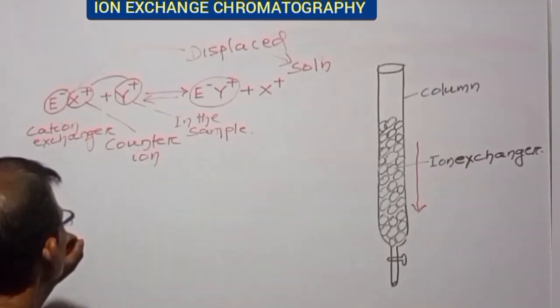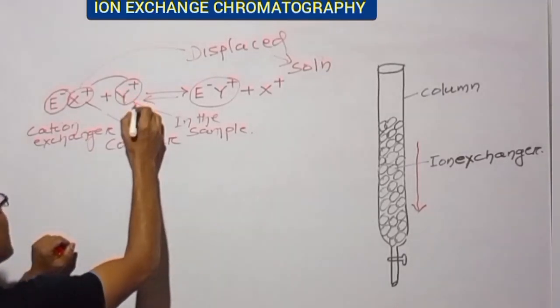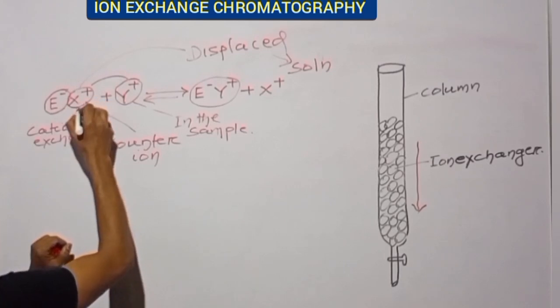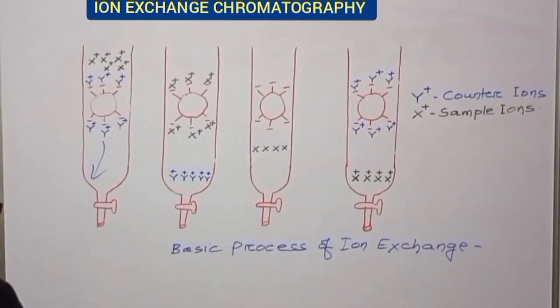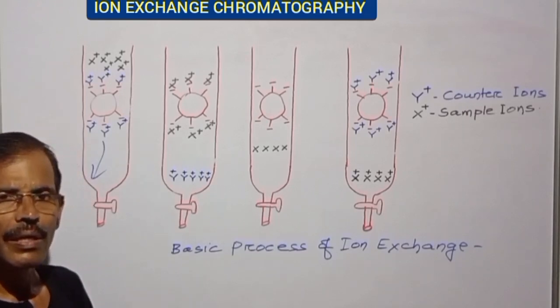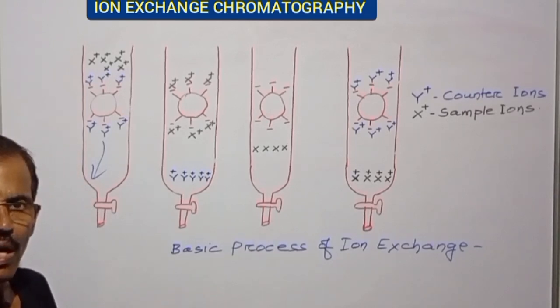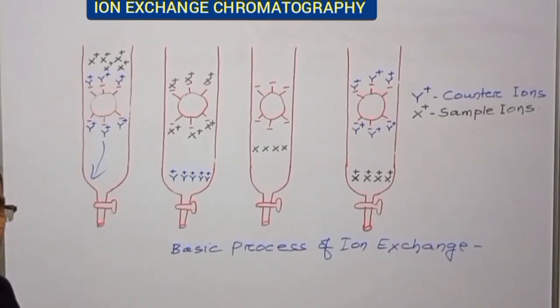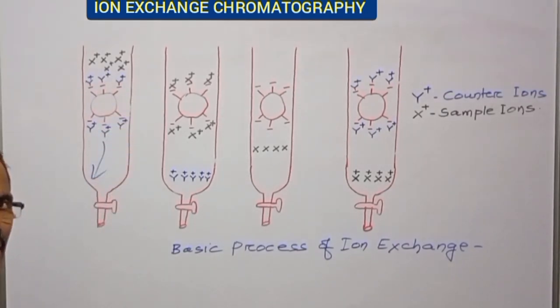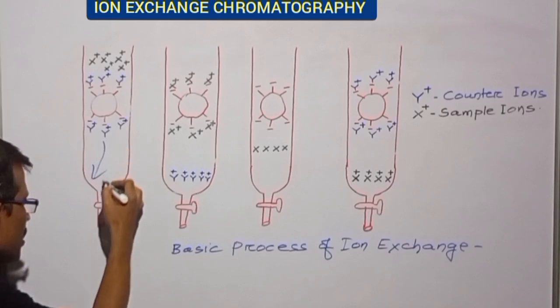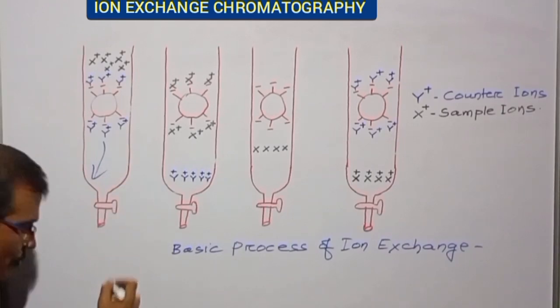So there is an exchange between Y plus and the counter ion X plus. Whereas other compounds present in the sample mixture that are either negatively charged or uncharged will not be able to bind to the ion exchanger, and as a result, they will easily come out of the column.